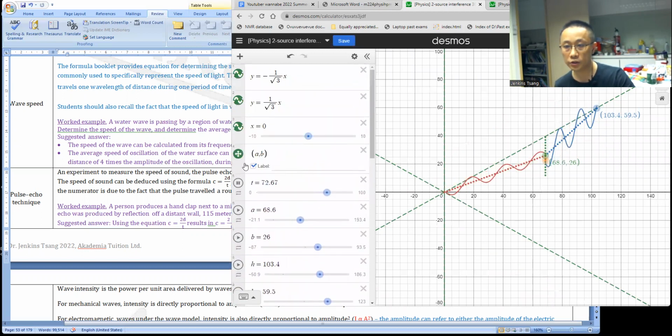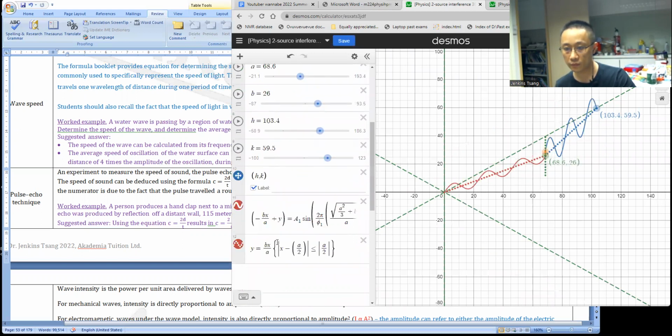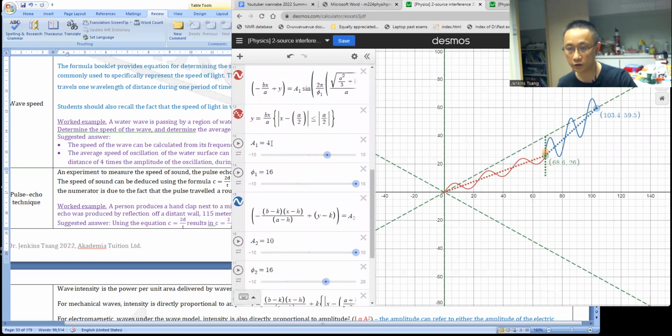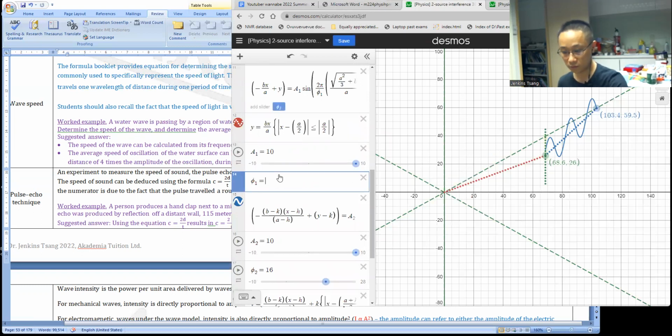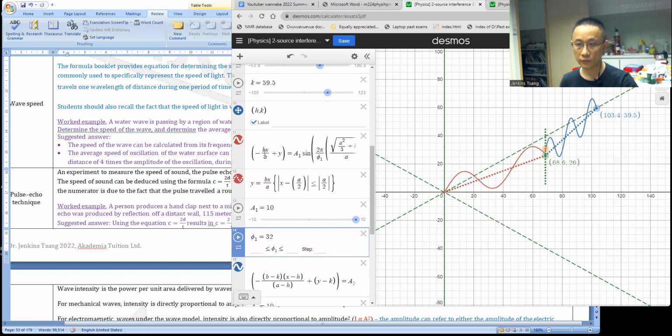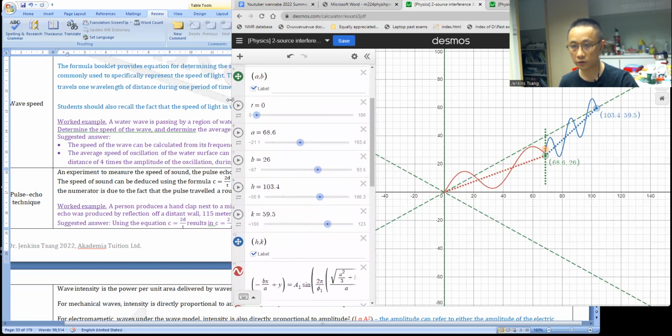I'll show you what happens when you change the frequency of one of the waves as well. Change this back to 10. And if I change the frequency, and if you pay close attention to the orange spot, then you can see that the orange spot does not follow a simple sinusoidal oscillation.